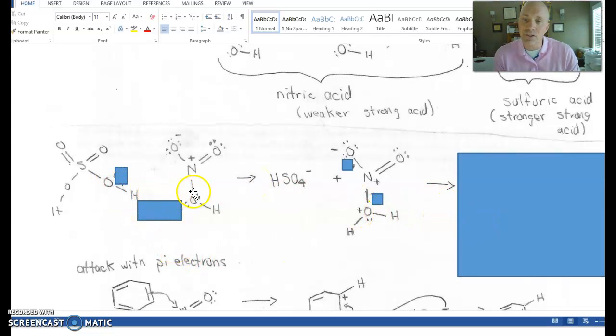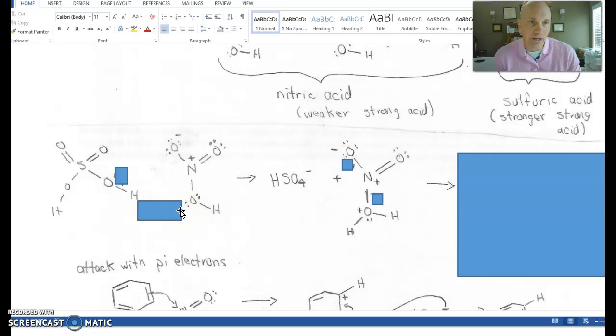First I'm going to just show these two structures side by side. Remember that we said that sulfuric acid is a stronger strong acid. So think of the sulfuric acid acting as an acid, wanting to donate its H+, and think about nitric acid acting as a base, which might sound a little bit weird, that a strong acid might act as a base.